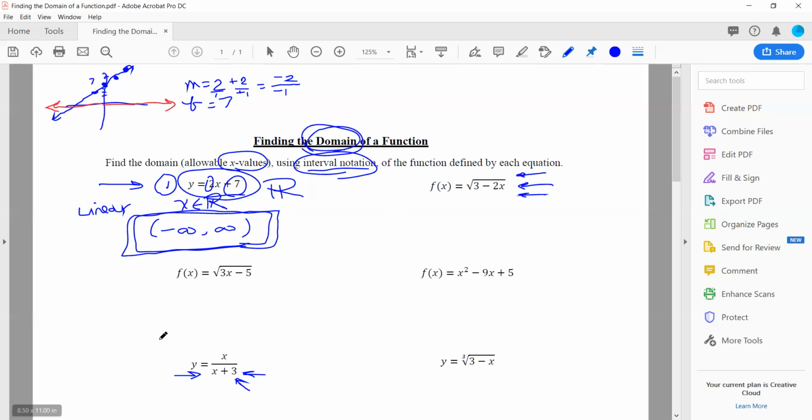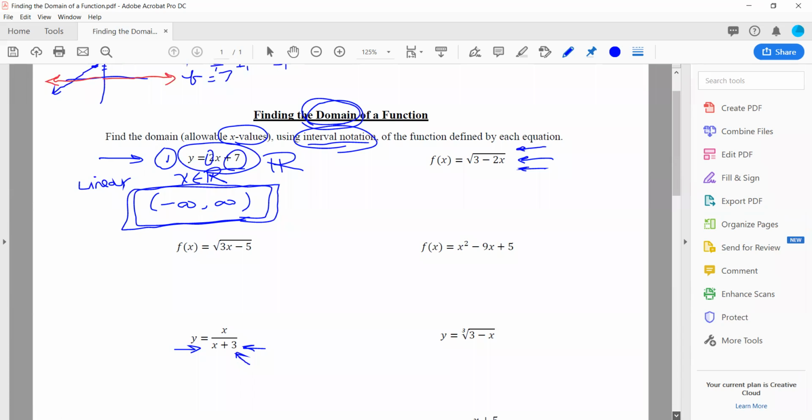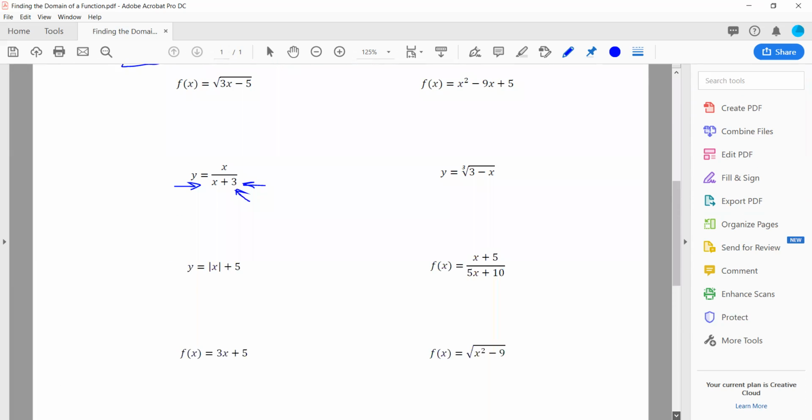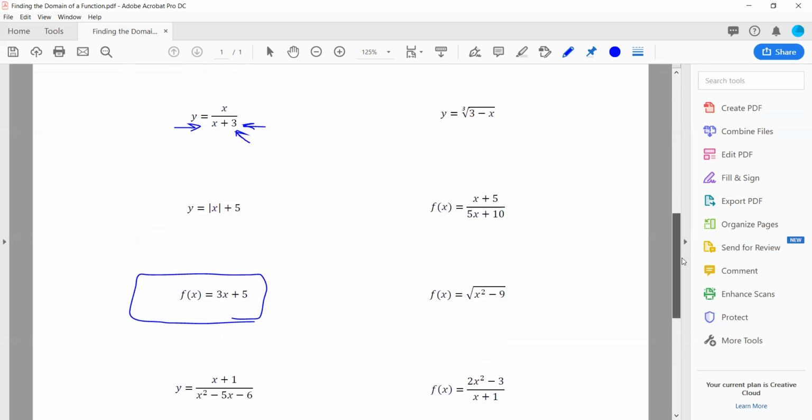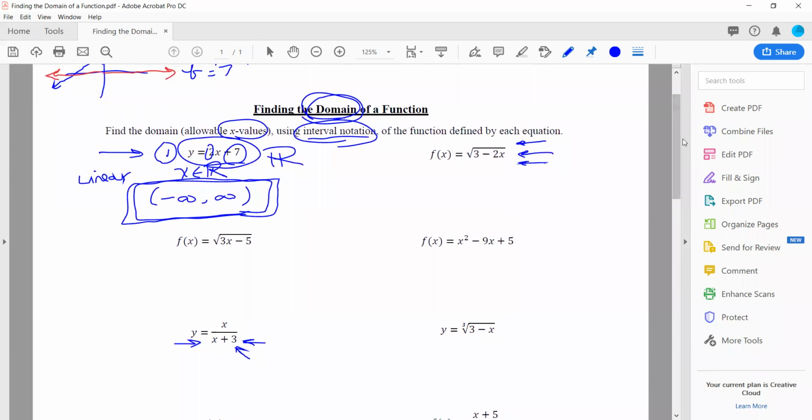So now what I would like you to do is go do this problem, and you need to pause. Let me number the problems, because it would be confusing if I keep using number 1 for me and number 1 for you. So across this way: 1, 2, 3, 4, 5, 6.